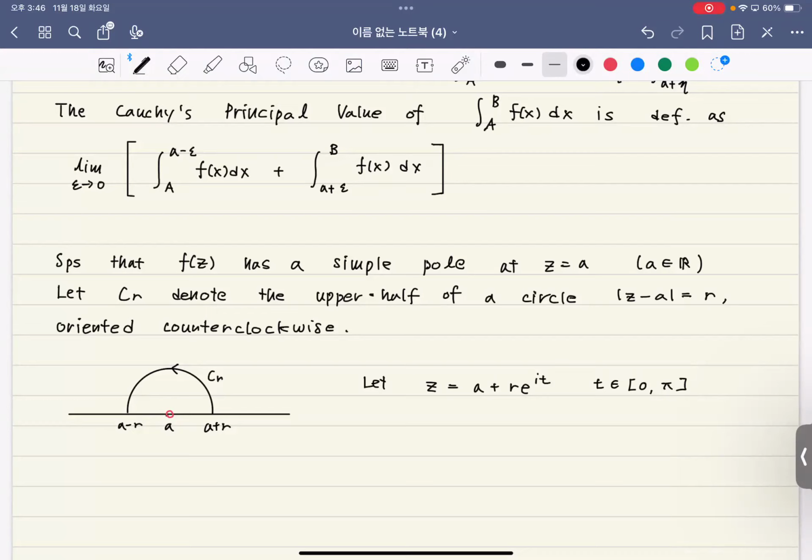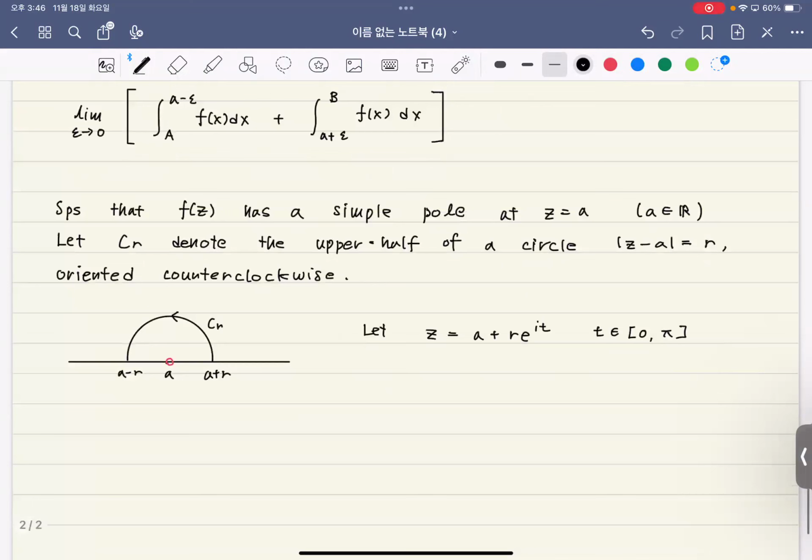Before we try to integrate, I want to find the Laurent series of this function around this point.